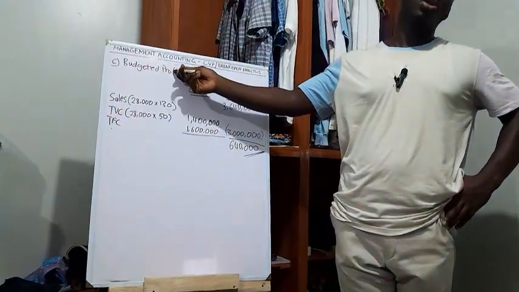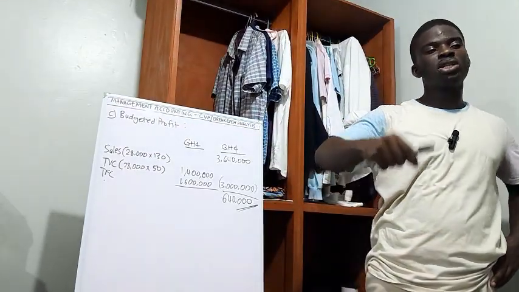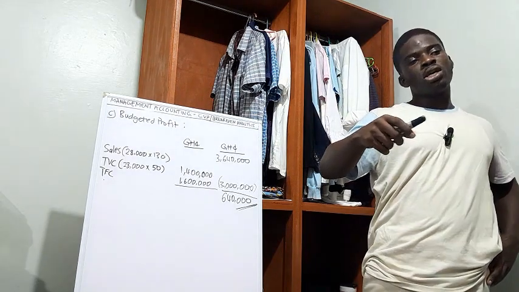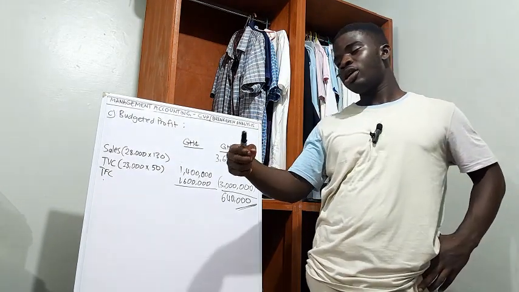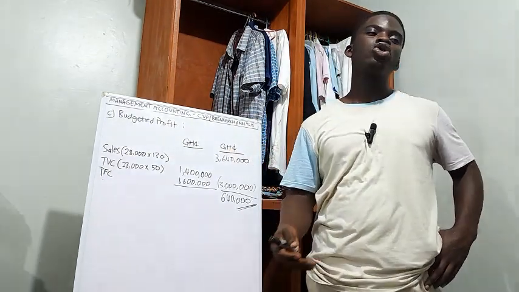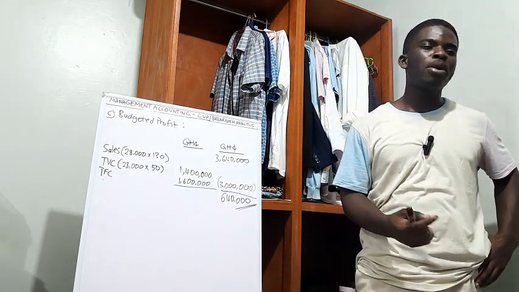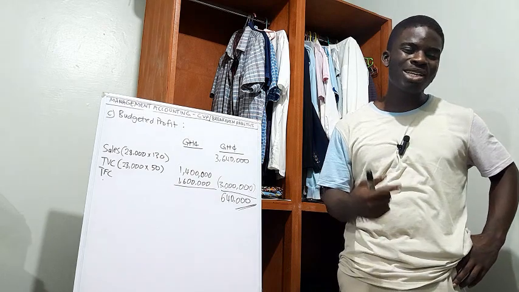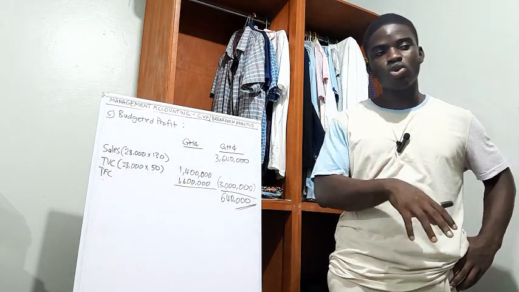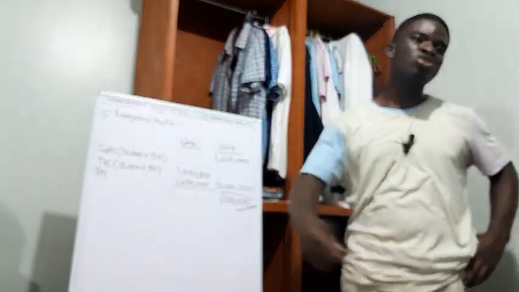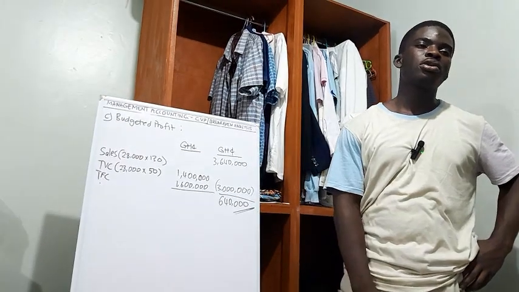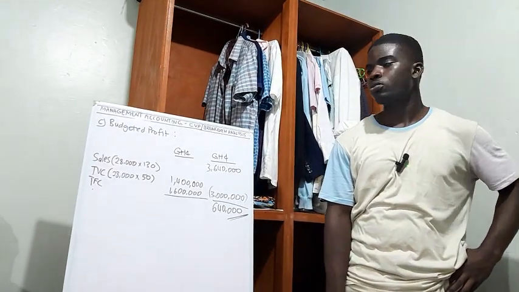It's all based on a budget, and in the budget they have budgeted selling 28,000 units. So to find the budgeted profit, it will be the budgeted sales units they want to sell times the selling price.